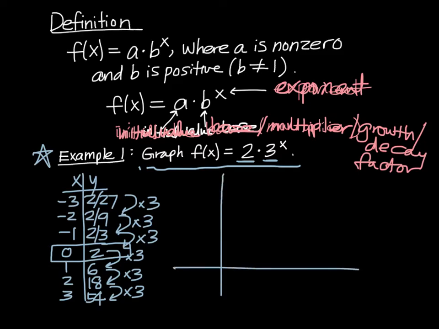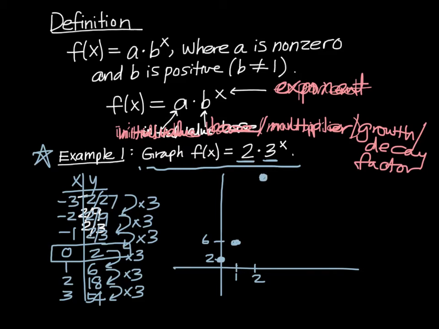Okay, so now we're going to plot these points. It's good to plot the initial value first. So there is 0, 2. Then we're going to have 1, 6, which is right there. Then we have 2, 18, which is all the way up here.